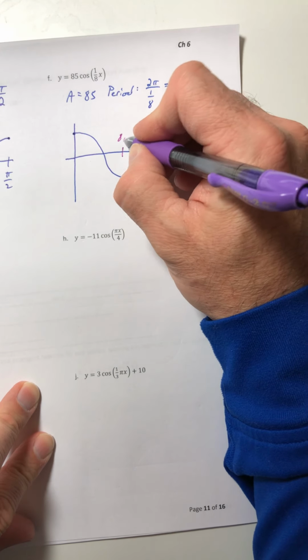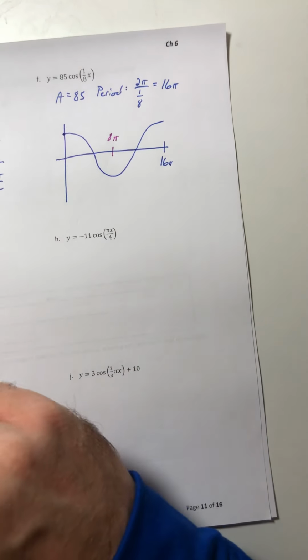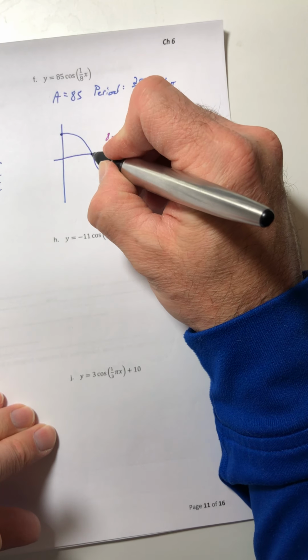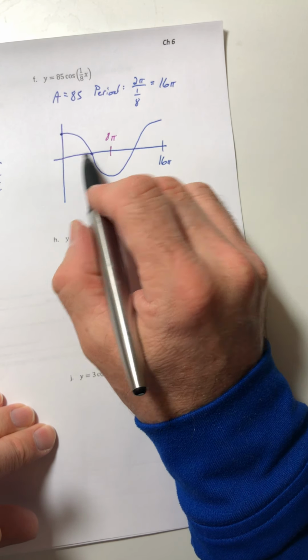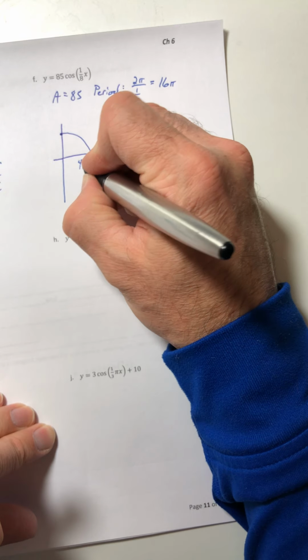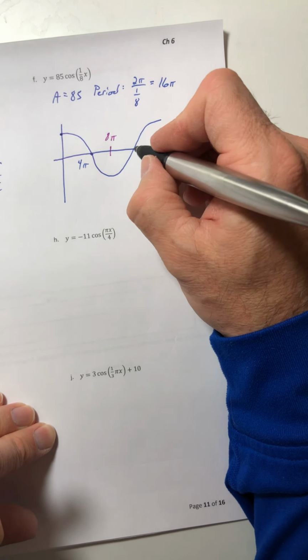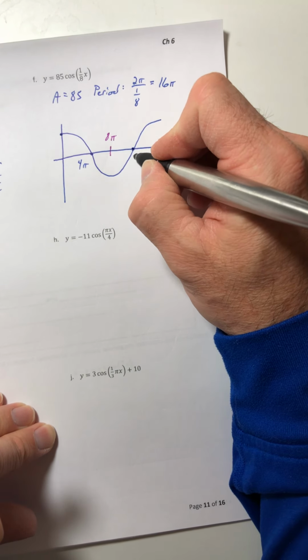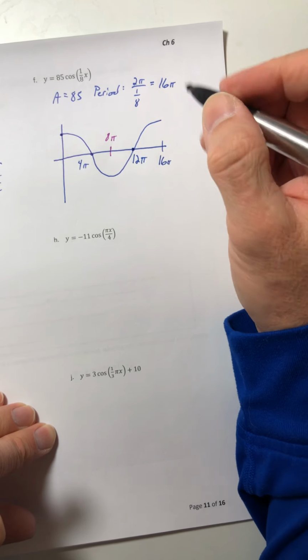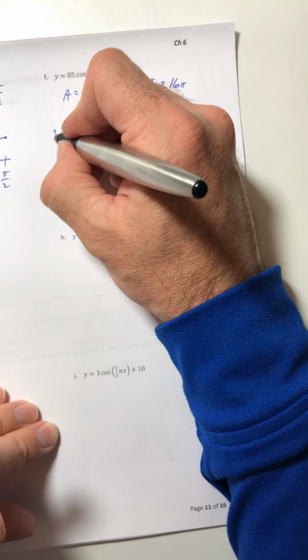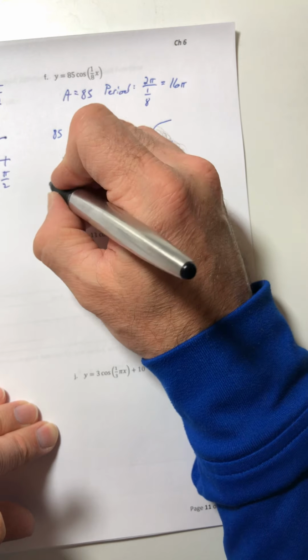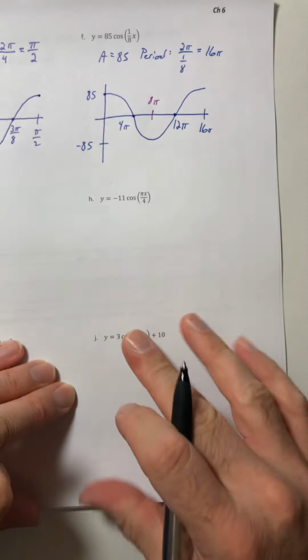That's 8 pi. So then the intercepts are in between 0 and 8, so 4 pi, and between 8 and 16, that'd be 12 pi. And then it's bouncing between 85 and negative 85.